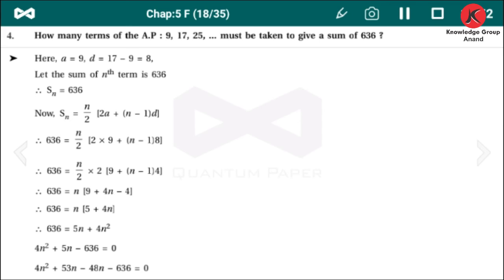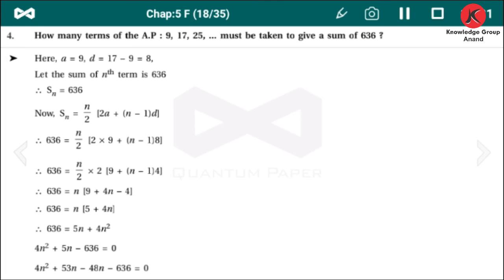How many terms of the AP 9, 17, 25, must be taken to give a sum of 636? Find n. Sn is the sum of 636. Therefore, Sn is equal to 636. a is equal to 9.